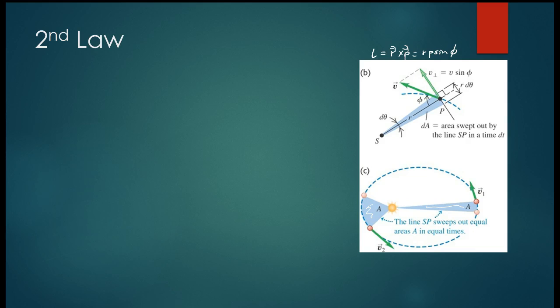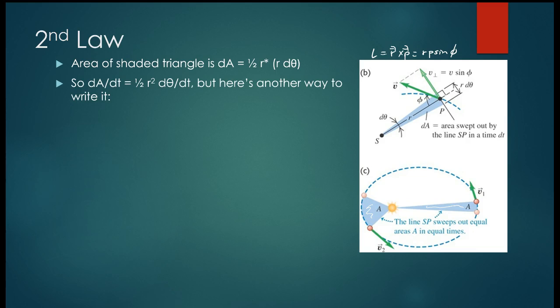Okay? And we also have this small segment r d theta, which is kind of perpendicular to r. So the first thing to note is that the area of this shaded triangle dA is 1/2 times the base, which is r d theta, times the height, which is r. So hopefully that makes sense.